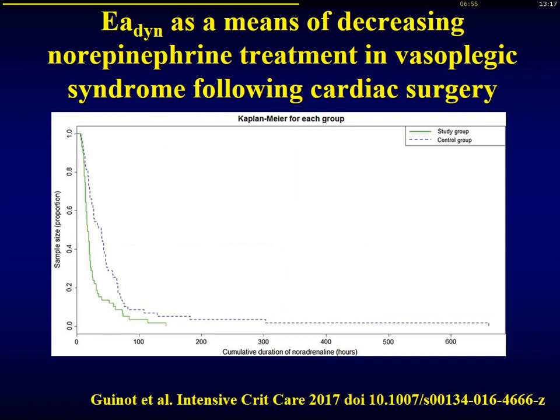You know, that's after post-op surgery. And what they found was that by using that value to decrease the norepinephrine level, they were able to get their patients off norepinephrine 4 hours sooner and had half a day less time in the ICU. And they had no episodes of hypotension associated with weaning norepinephrine.